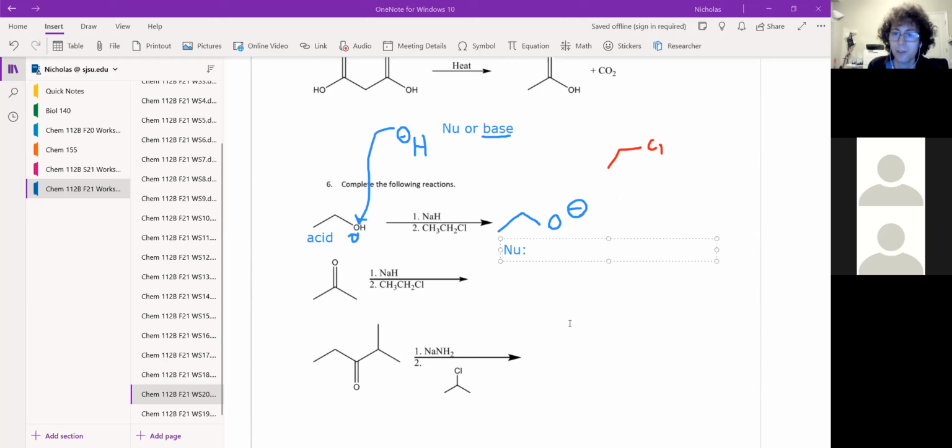We have an alkyl chloride, which is an electrophile. And how are these two going to react with each other? They're going to have a reaction, but what kind of mechanism is happening when the nucleophile attacks this electrophile?